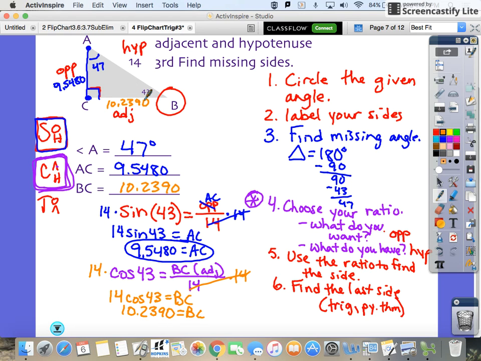You don't have to label the triangle too much. You just have to put it on the blank space so that somewhere these three things show up: the missing angle and the two missing sides.